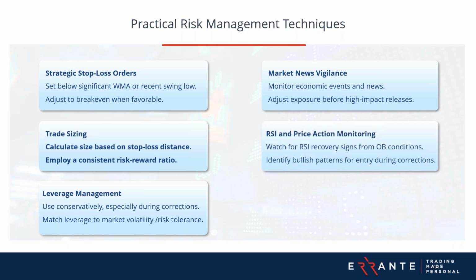Then monitor your instruments closely. Here, the RSI and price action are your gauges. Signs of the RSI returning to normal levels from an overbought condition may indicate smoother skies, while bullish price action patterns can signal a good altitude for reentry.